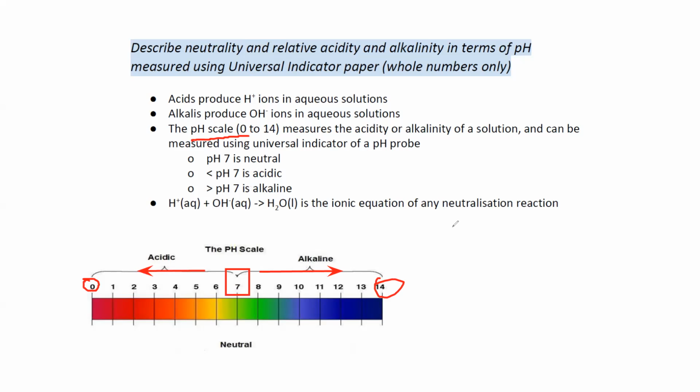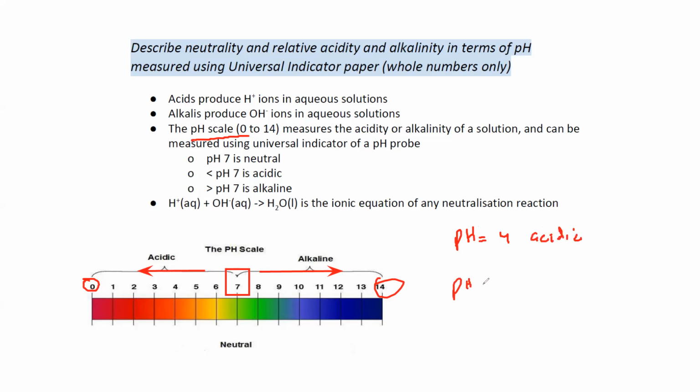So for example, if we have a pH of 4, what is this substance? Acidic, alkaline, or neutral? Instead of alkaline, we can also use the term basic. So a pH of 4 is acidic because it is less than 7.